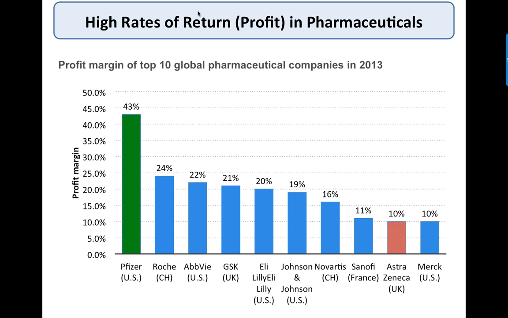Look at the rate of return that Pfizer is achieving compared, for example, with AstraZeneca, one of Britain's biggest pharmaceutical companies. But here's an industry on this slide where the big players, and these are all big drugs companies, are making significant profits. Certainly they're making supernormal returns.